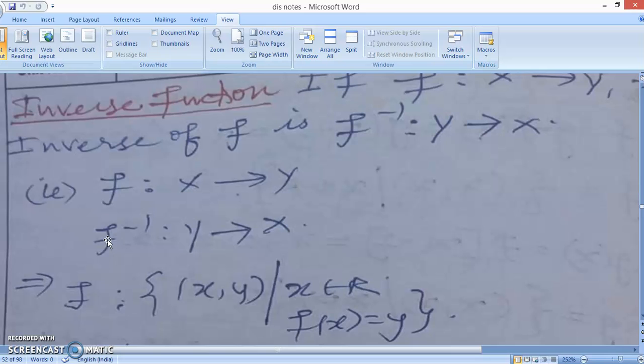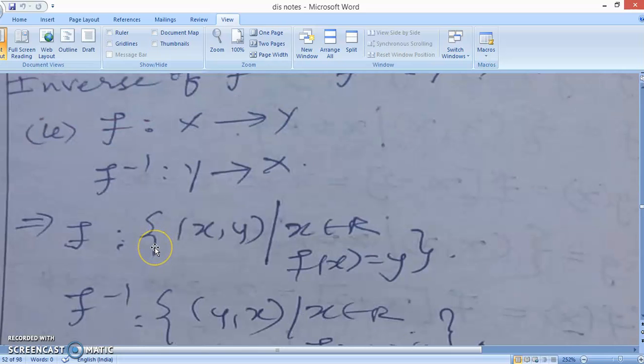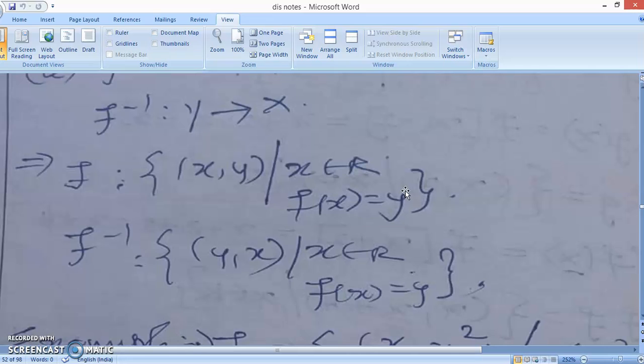Okay, right. Now about the pair form: when we write two elements inside a bracket, we call it a pair form. So f is a pair x comma y, where x and y are real numbers. And y is what? f of x, that is, the image of x under f is equal to y. If we take it like that, then what is f inverse?